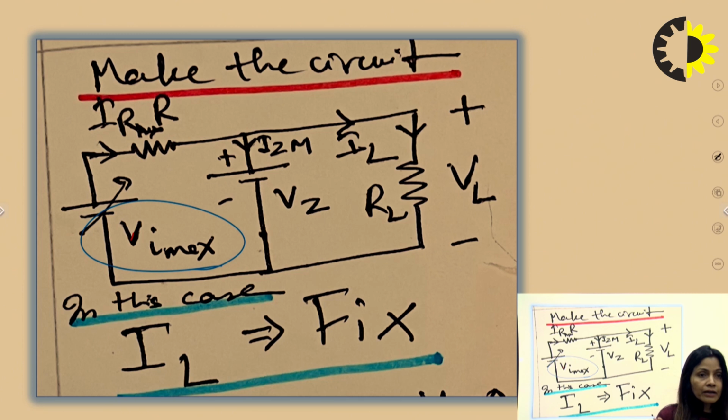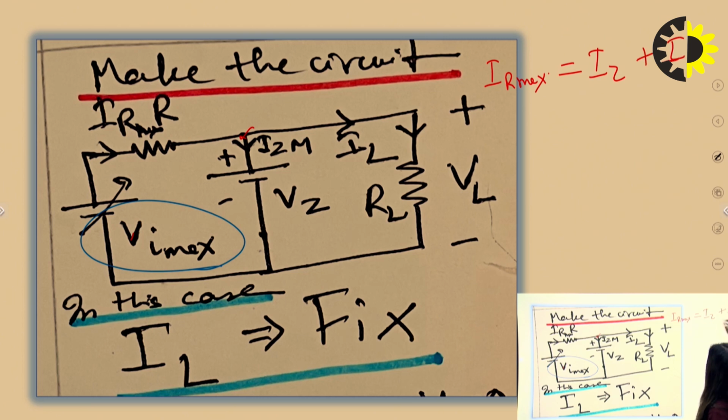So here IR will be maximum. Now I repeat, battery value is at its maximum, so maximum current will be provided by the battery. So IR is no more IR here, it is now IR maximum. Now we will apply Kirchhoff current law here at this particular node. IR maximum is equal to IZ plus IL.